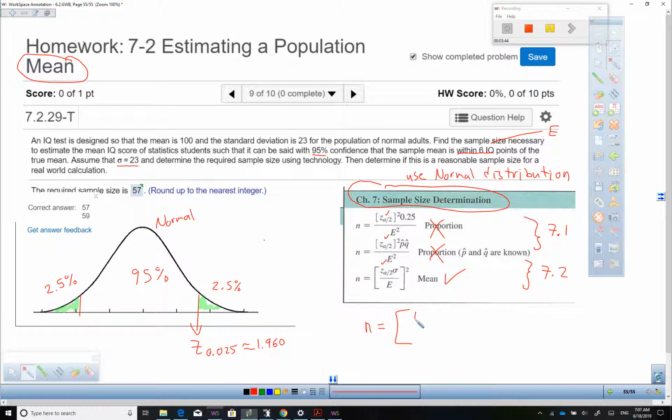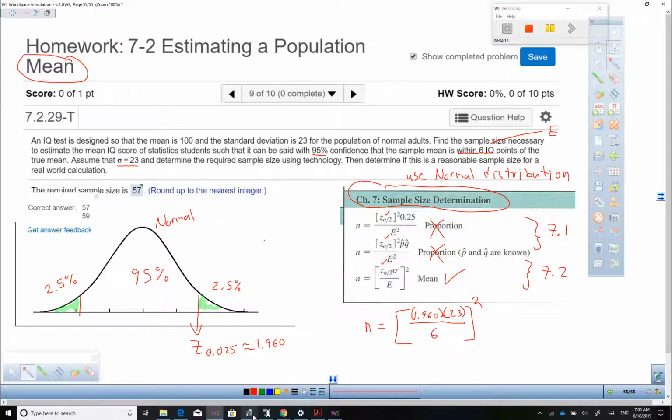Let me write the 1.960 times 23. All these divided by, let me use parentheses to make it clearer, the margin of error, which is 6, all this raised to the second power.